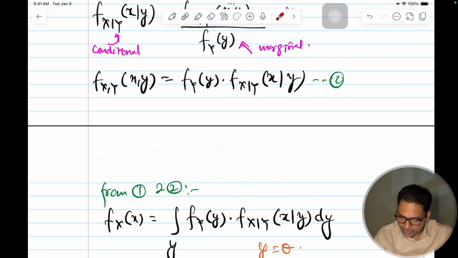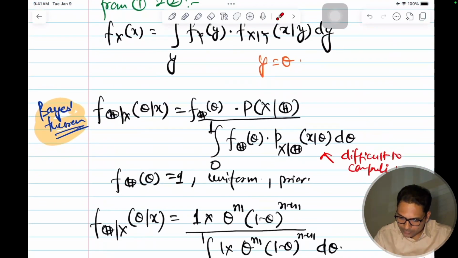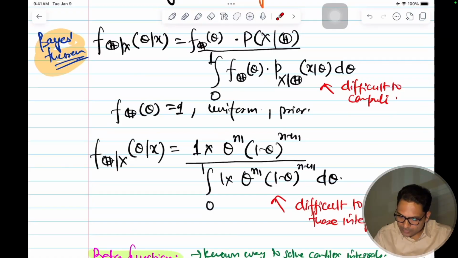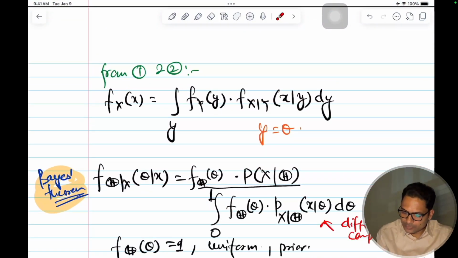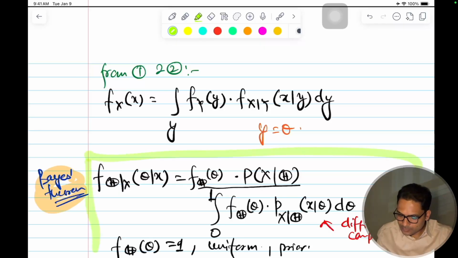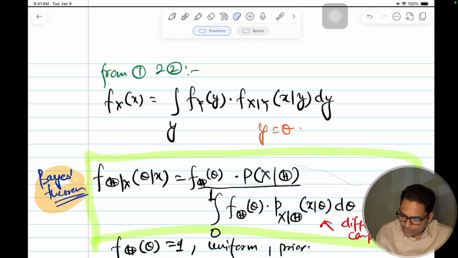Now the beta function, where was that? This one. Let me copy this.